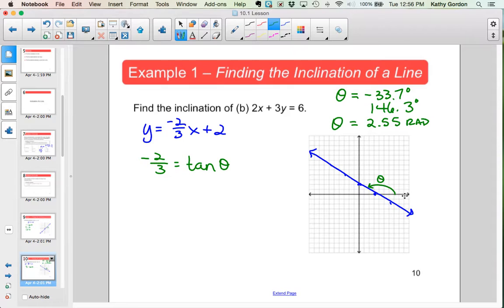So what that means is I went negative here, the 33.7 degrees, which then means that the vertical angle across from it would also have to be a measurement of 33.7 degrees. Which means the angle I want then has to be 180 minus that 33.7 degrees to get the green part I want, which is the 146.3.